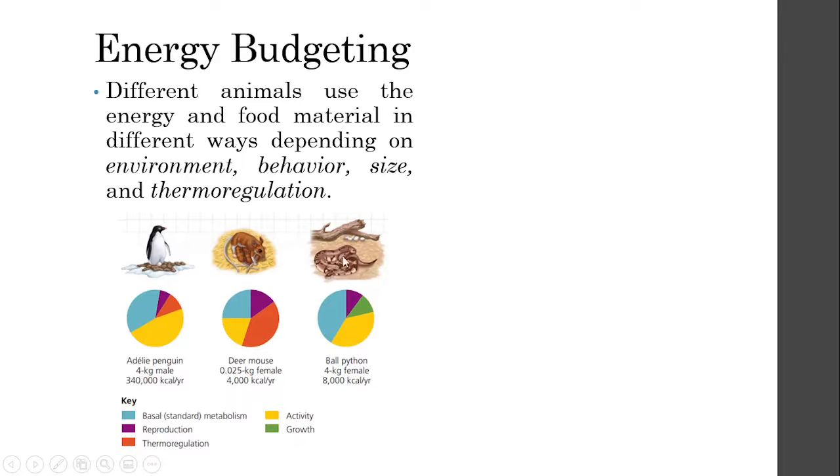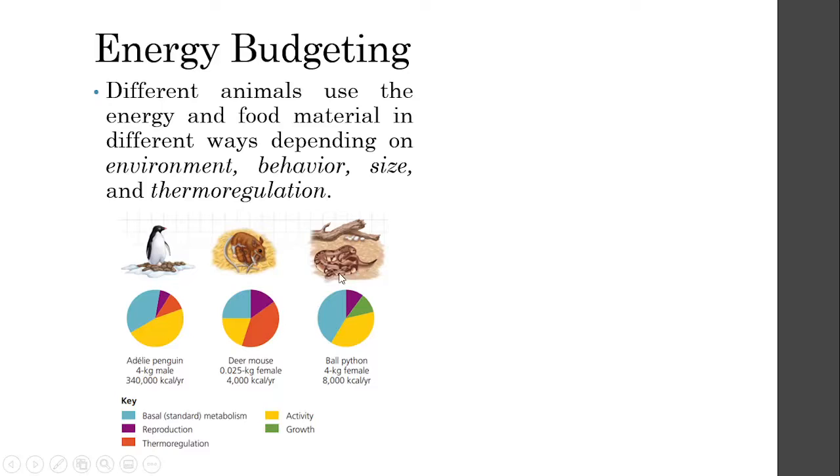They basically adjust their body to the temperature of their surroundings. But what you can see here is they spend a lot of energy on growth as well. They have growth activity, which these two do not have, because upon reaching adulthood these animals already stop growing. This is an adult penguin and an adult mouse.